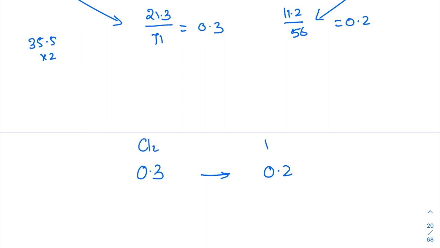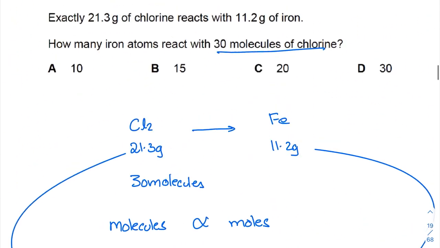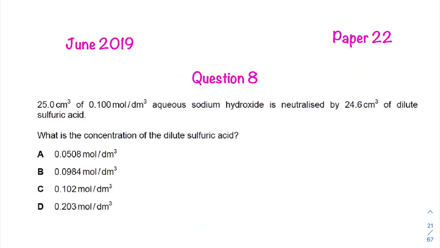Because we know that moles and molecules are related, 30 molecules of chlorine will require how much? It becomes 30 times 0.2 divided by 0.3, which is 20. So which option is that? Option C is going to be the answer.